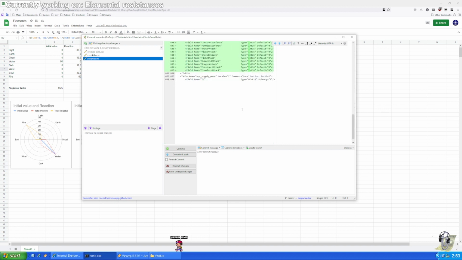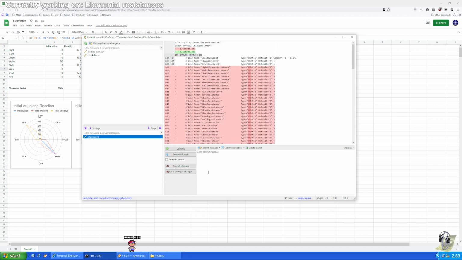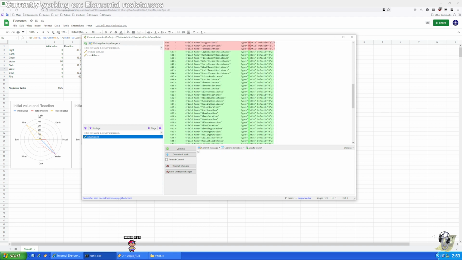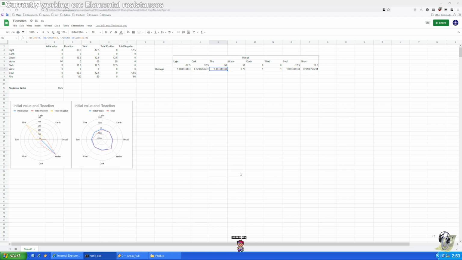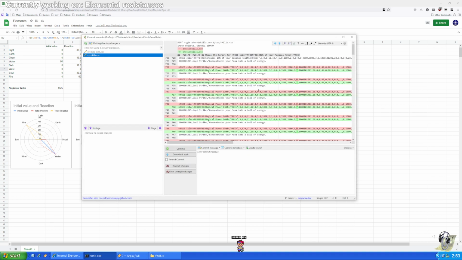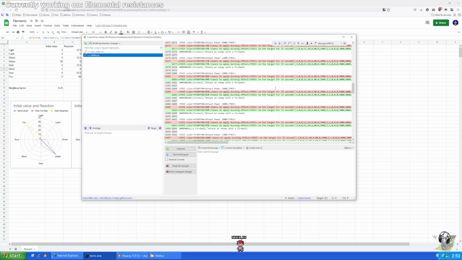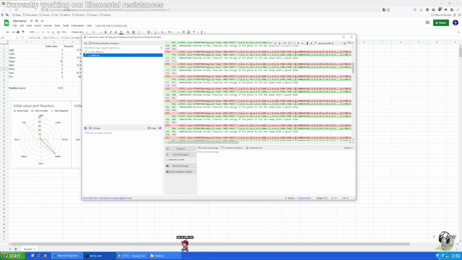Then we fix these attributes. Push that. And this thing will be left for later.